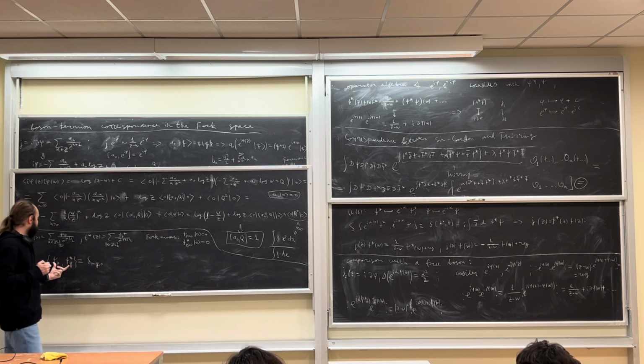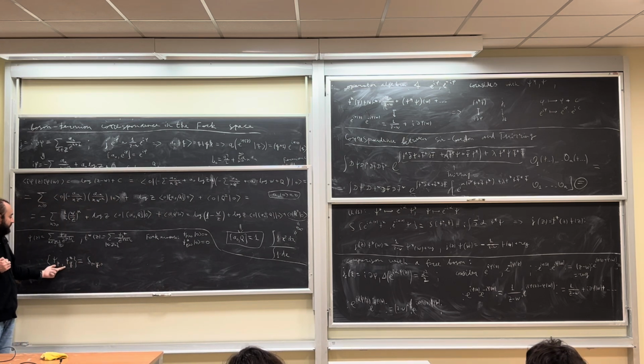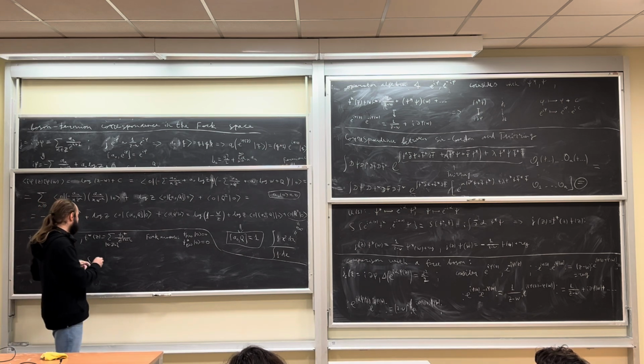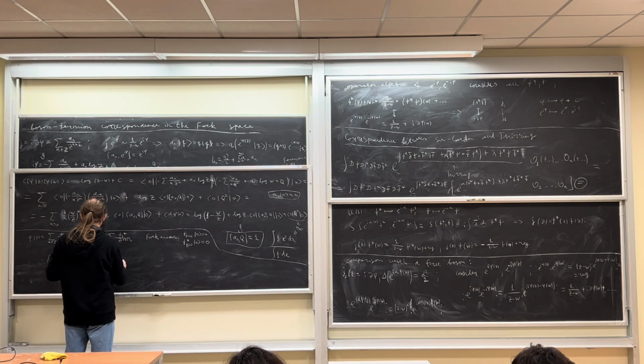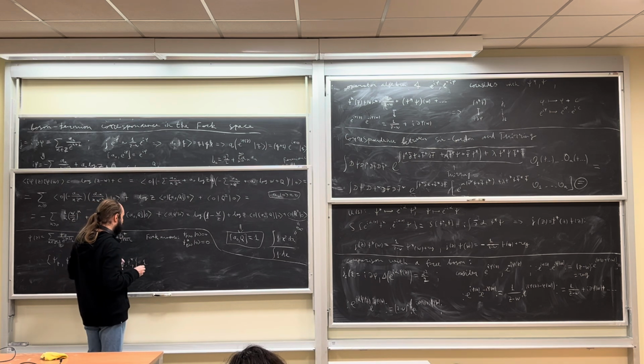And we know that this algebra is a combination of an infinite number of fermionic oscillators. So we have this anti-commutator psi p with psi minus p equals 1.